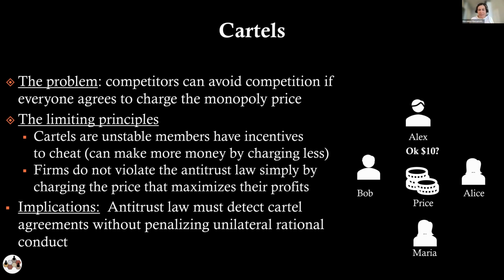So this is why antitrust law doesn't prosecute a unilateral rational conduct. And the challenge, the implication, is that antitrust needs to prosecute these illegal cartel agreements without penalizing unilateral rational conduct.